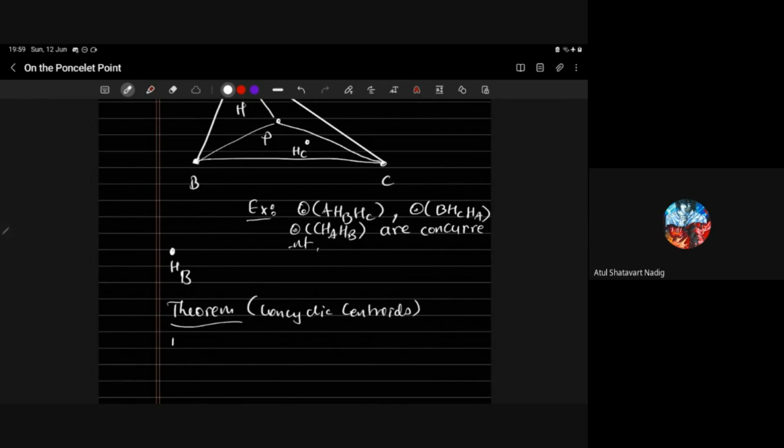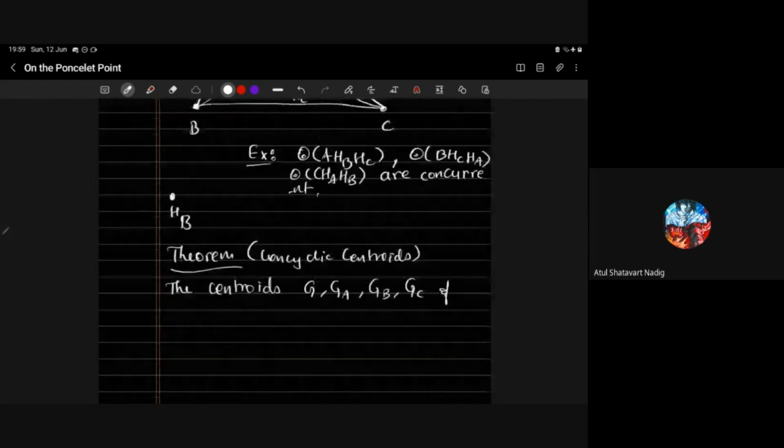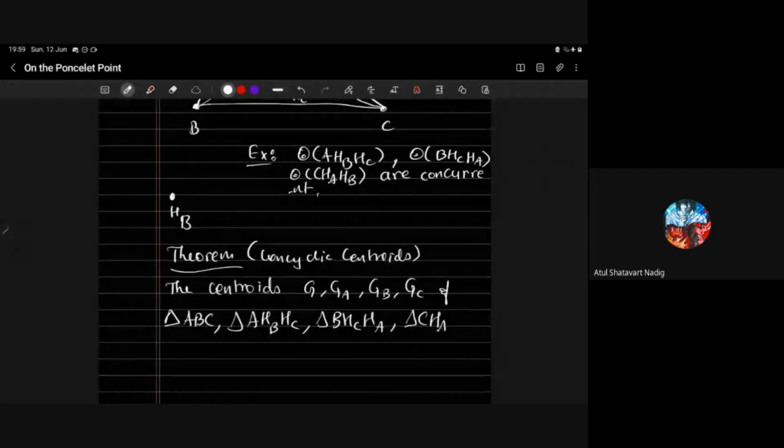The centroids G, G_A, G_B, G_C of triangle ABC, triangle AH_BH_C, triangle BH_CH_A, and triangle CH_AH_B are concyclic.